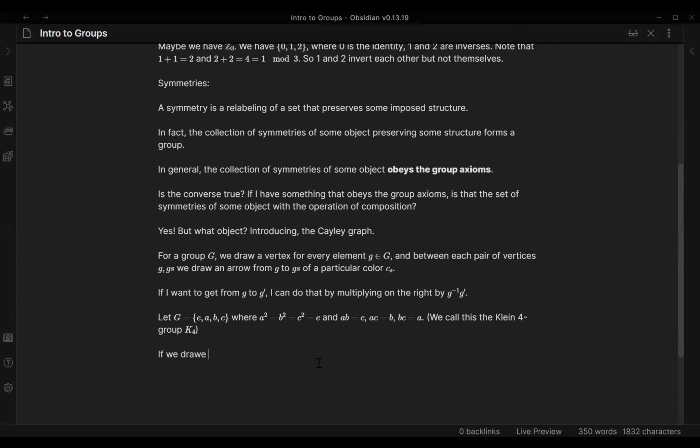Let me say that again. If we draw the Cayley graph of G, and we demand that directions and colors of arrows are maintained, then the elements of G are the symmetries of this Cayley graph.